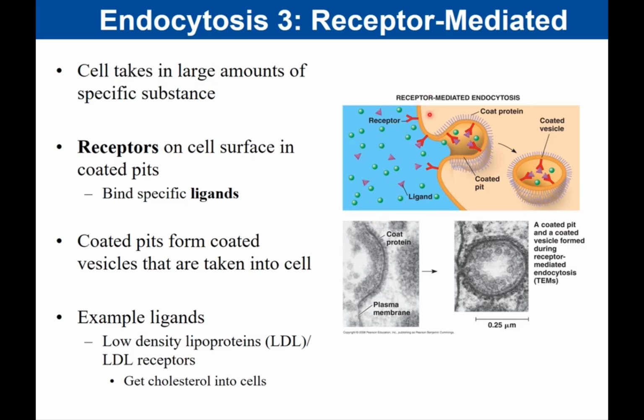So if we look at this receptor, it has a ligand that would bind to it, and a cell would recognize when the ligand bound to the receptor, and when it did, it would form this coated pit, and it would take in large amounts of this ligand in a very specific manner, because again, these receptors are specific for certain ligands. And so this allows the cells to take in very specific ligands, very specific types of molecules.